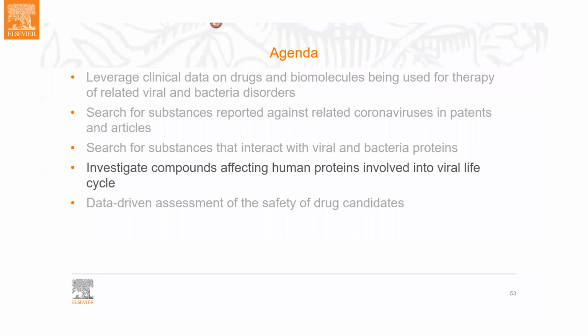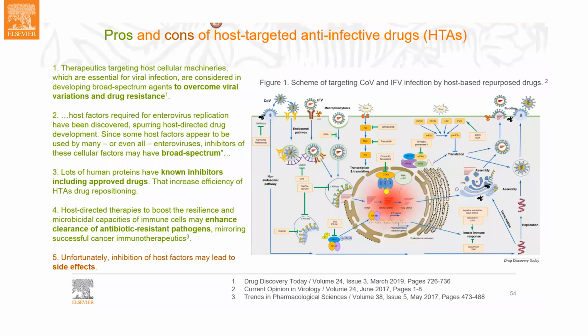More or less the same approach could be used if you're interested in some proteins, or some molecules affecting human proteins. And often there are pros and cons when you develop antiviral and antibiotic drugs.